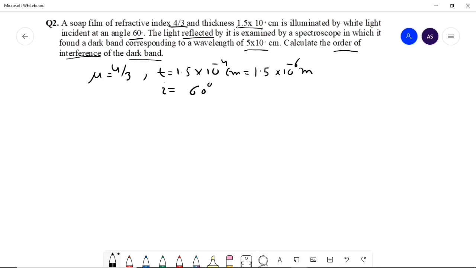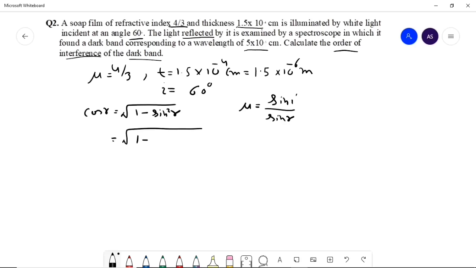Now you know that cos r is equal to the square root of 1 minus sine square r, and also you know that mu is equal to sine i divided by sine r. It means that the value of the cos r is the square root of 1 minus (sine i divided by mu) whole square.